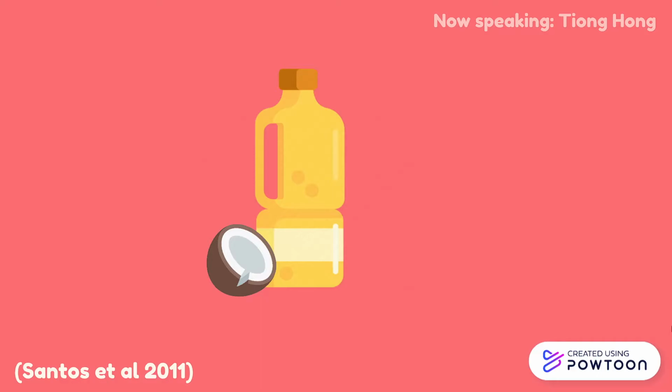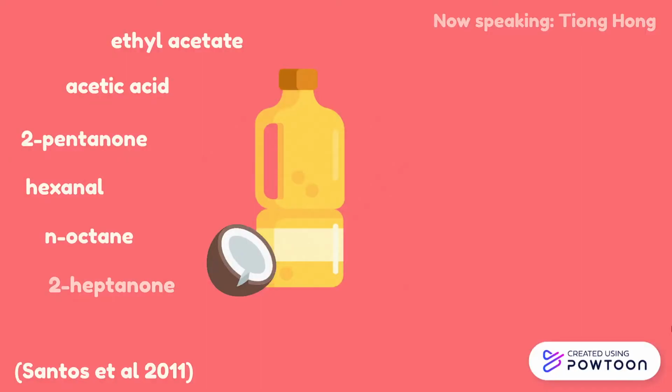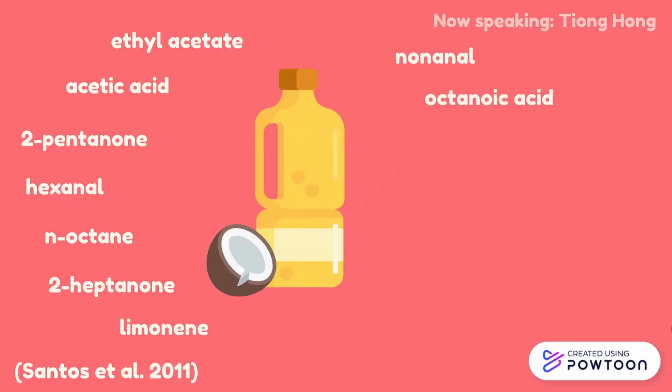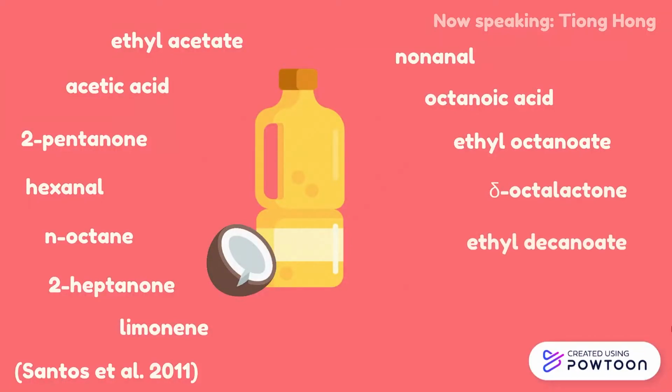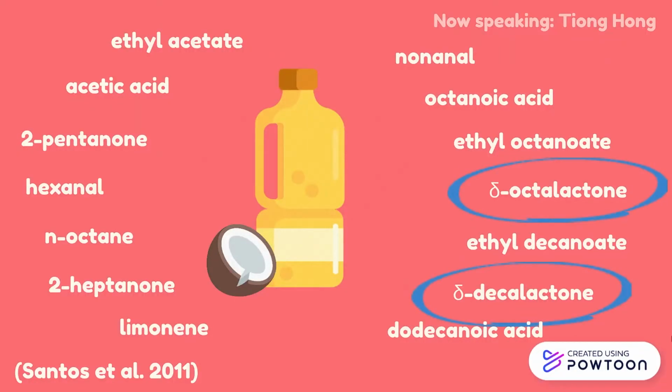Virgin coconut oil contains volatile organic compounds such as ethyl acetate, acetic acid, 2-pentanone, hexanol, octane, 2-heptanone, limonene, nonanol, octanoic acid, ethyl octanoate, delta-octalactone, ethyl decanoate, delta-decalactone, and dodecanoic acids which were identified. Lactones are responsible for the coconut-like aroma, while octanoic acid is mainly responsible for the rancid and acid aroma.